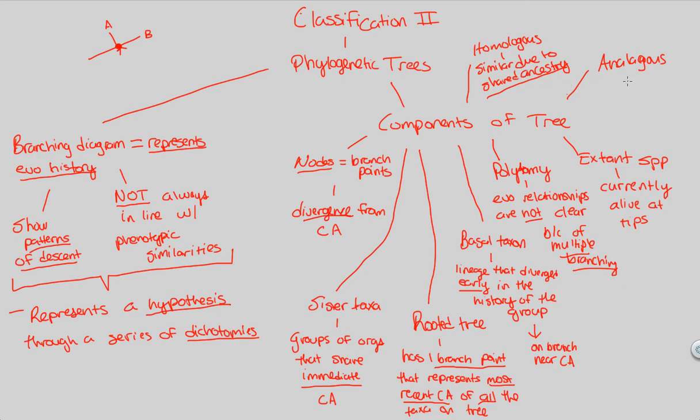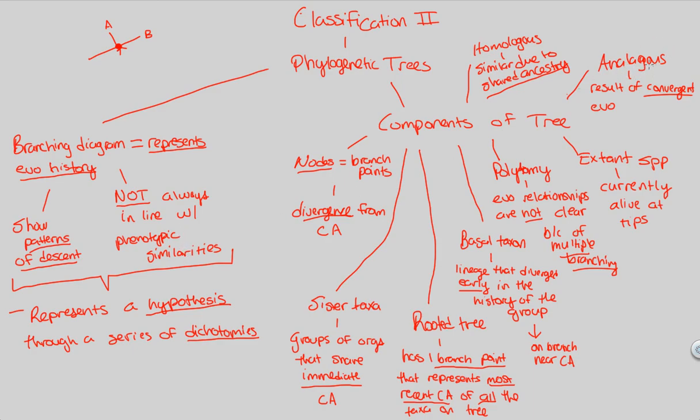Finally, analogous traits are those that are the result of convergent evolution. This is not due to shared ancestry. This is like the example I gave prior, where I said that the branching diagram, this phylogenetic tree, is not always in line with phenotypic similarities.